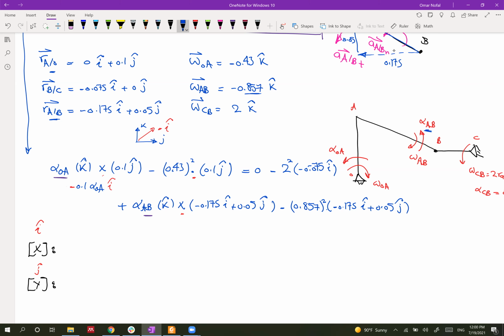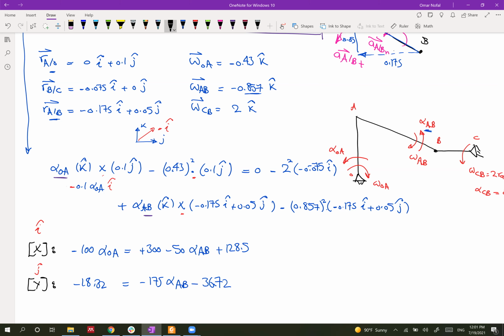Finally, you would get these equations: negative 100 multiplied by alpha OA equals plus 300 minus 50 alpha AB plus 128.5, and the one in the J hat direction, negative 18.32, equals 175 alpha AB minus 36.72.